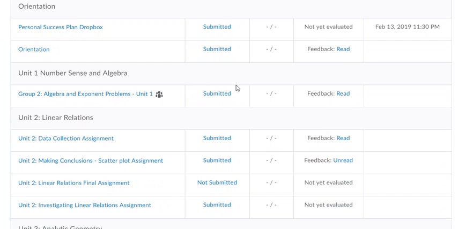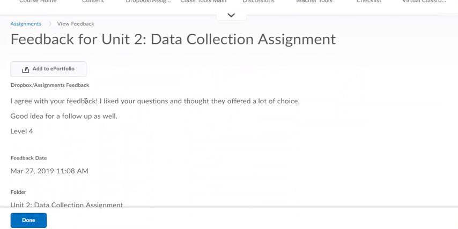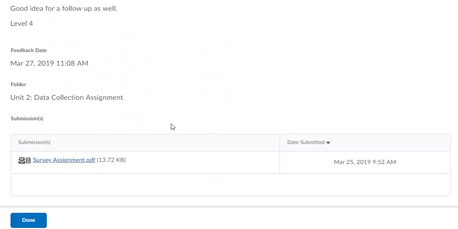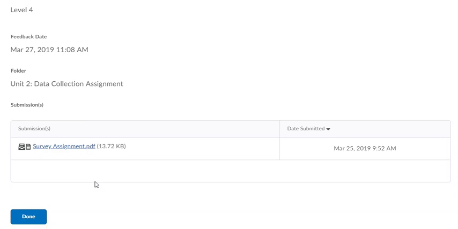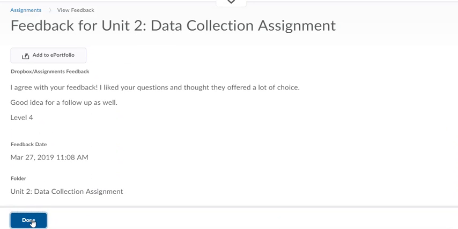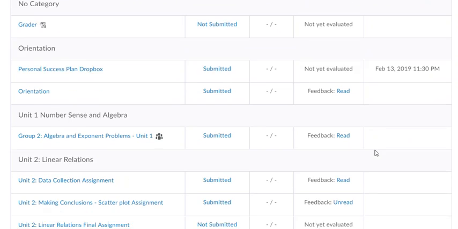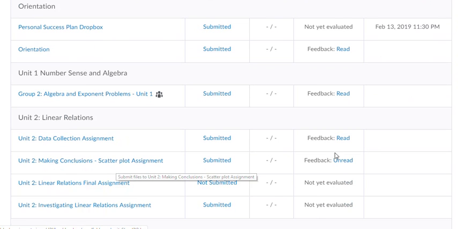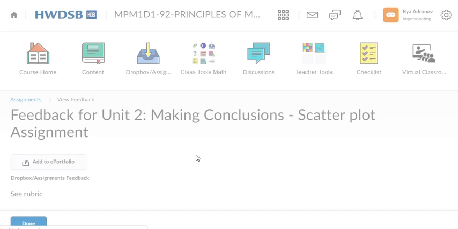So you go to the Dropbox, and this is how you can get some feedback from me. We can see what we've submitted and whether you've read your feedback or not. This person submitted their data collection assignment, and you can just click on the feedback to read it. I'll go to this person's making conclusions assignment and their feedback.